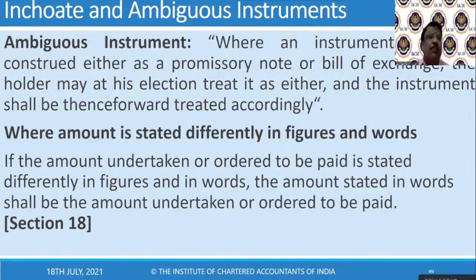For example, Mr. A, while preparing a promissory note, has written, I hereby promise to pay you 10,000. In number, he has put 10,000. Okay. In words, he has put 1,000 only. Obviously, while writing the figure, he put 1 zero extra. But in words, the amount stated is 1,000. So that should be the amount undertaken or ordered to be paid.